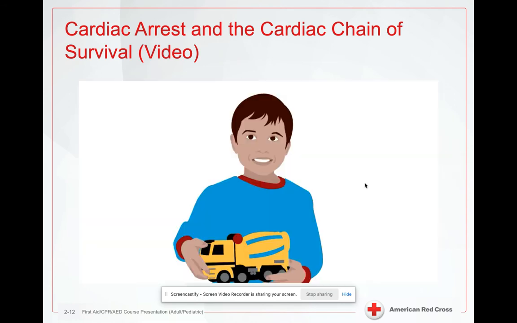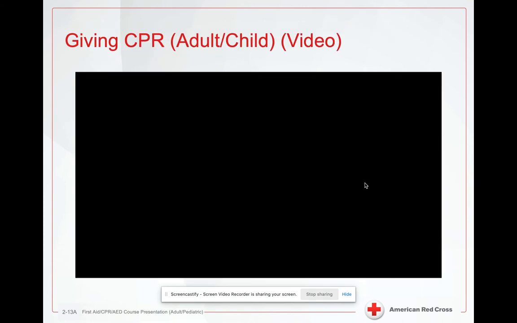So again, the primary difference in the chain of survival for children is that the first step is prevention, trying to prevent scenarios in which they may go into cardiac arrest. All right, so moving on to actually giving CPR.